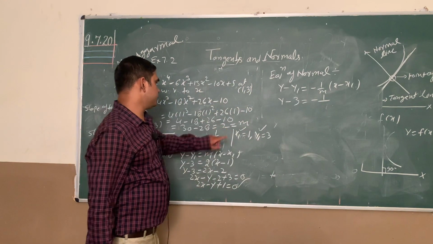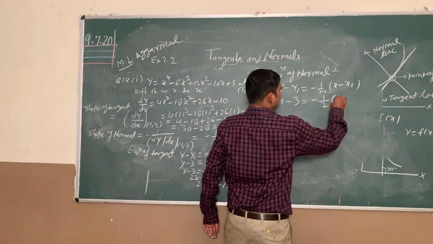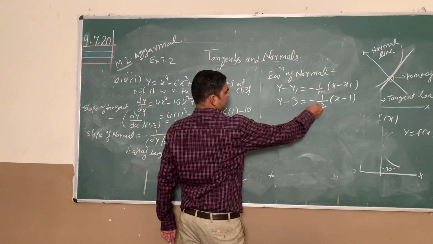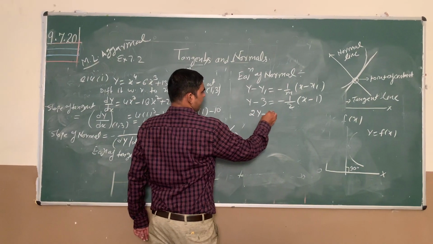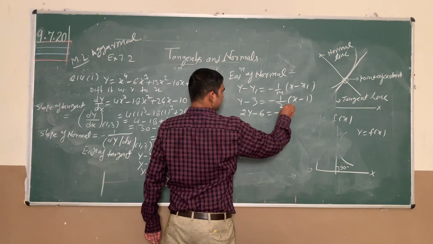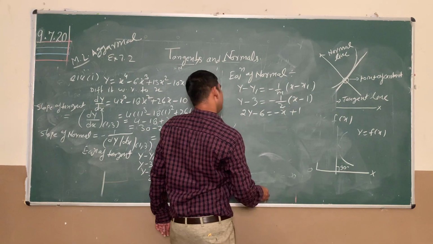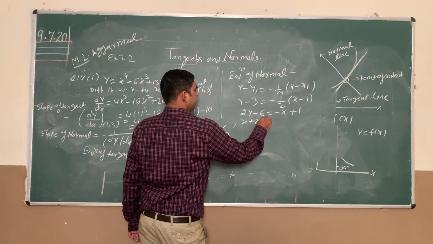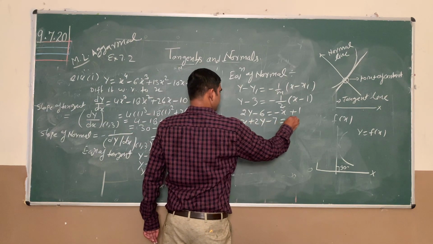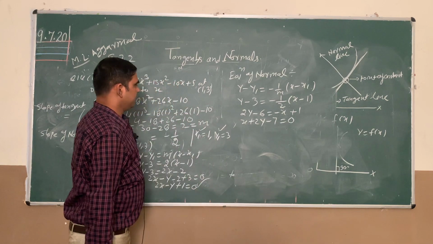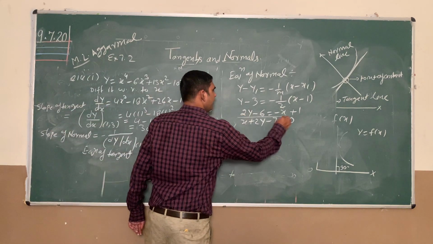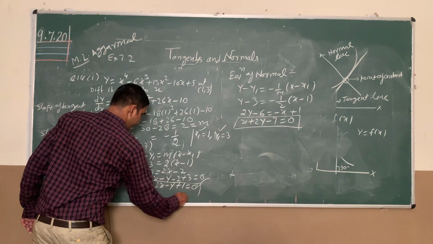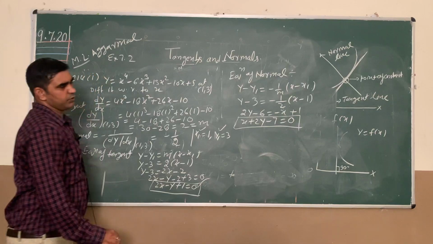Now solve it, cross multiply by 2: 2y minus 6 equals minus x plus 1. Now transposing all terms to the left hand side, x plus 2y minus 7 equals 0. This is known as the equation of the normal to the curve, and this is known as the equation of the tangent to the curve. Okay.